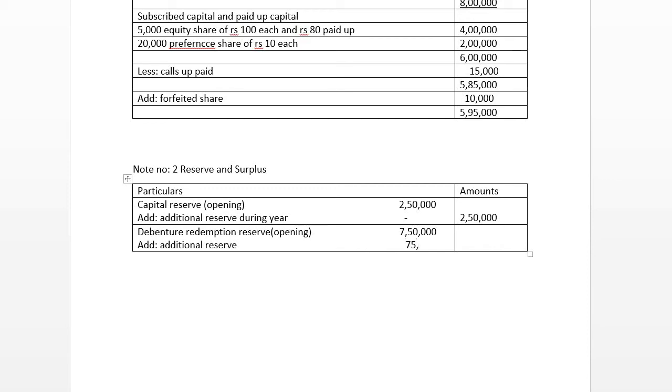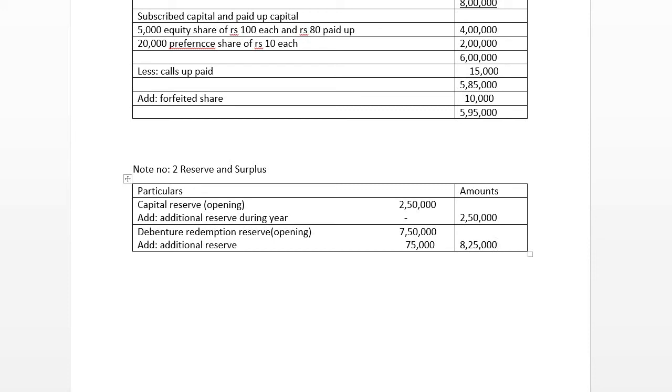Assume that it is 75,000. When we make the total, 7,50,000 plus 75,000, we have 8,25,000. This is the amount of debenture redemption reserve.